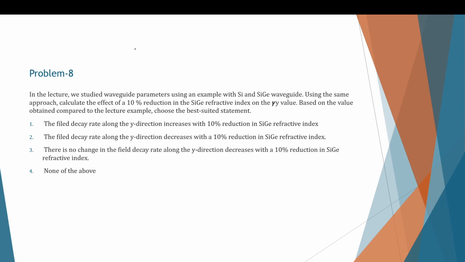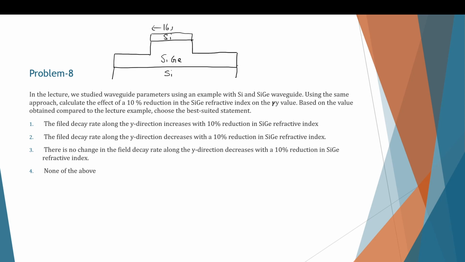Okay, so I'll just draw the geometry first. So there is silicon as a substrate, then silicon germanium waveguide, and then again it is loaded with silicon at the top.